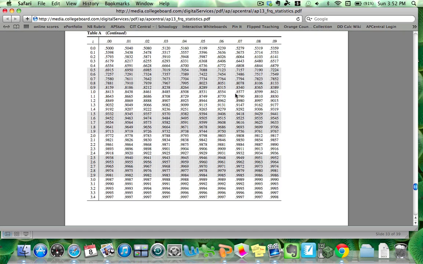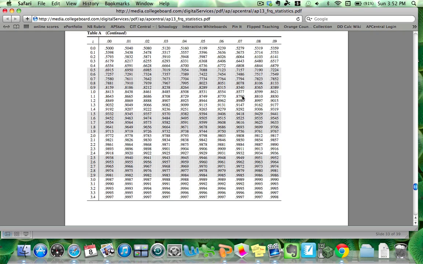Okay, I actually see that it's exactly between two values. This isn't going to let me highlight that, but it's exactly between 0.8790 and 0.8810. So I can kind of choose either z-score or I can average them together. Regardless, I trace over and I trace up to put together that z-score. So if I trace to the left, I'm at 1.1. If I trace up, I'm at either 0.07 or 0.08.